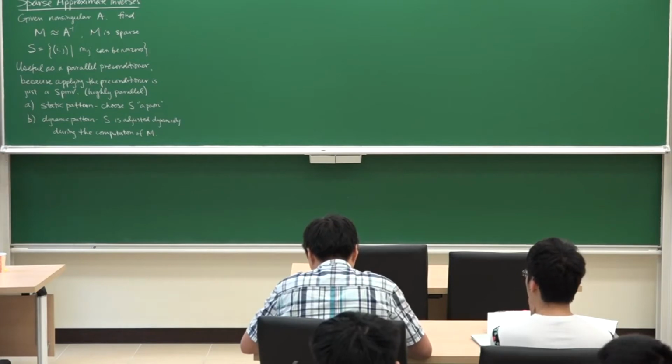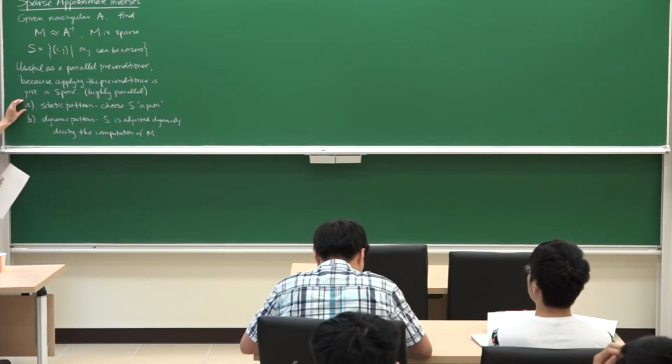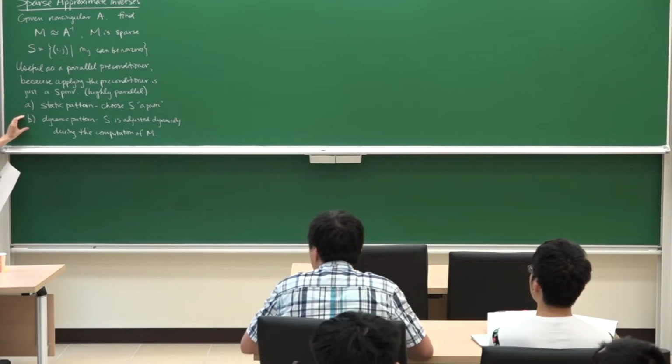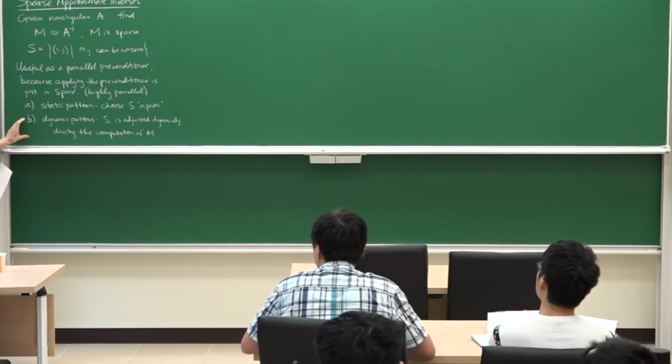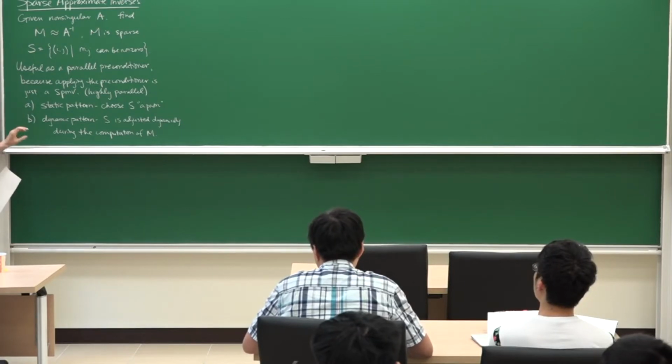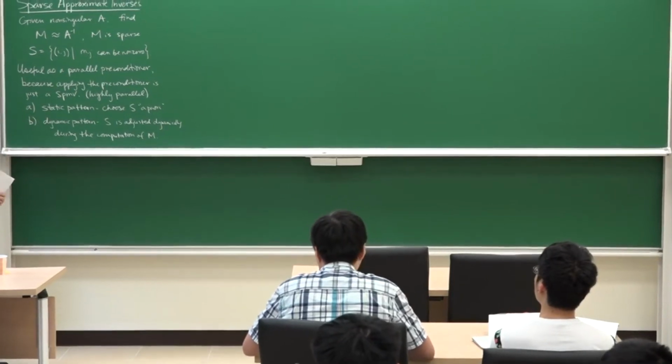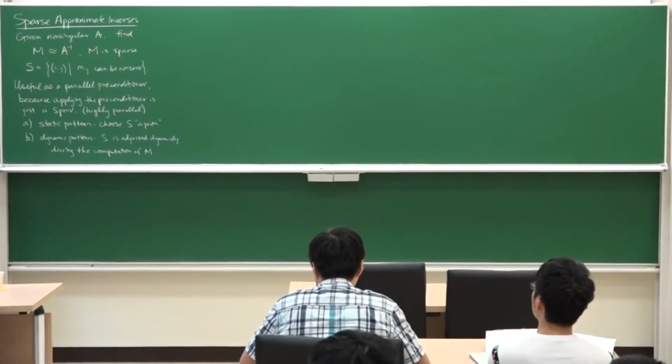For a lot of simple problems, like discretizations of diffusion problems, and in many PDE problems, choosing a static pattern is fine. But for other problems, we don't know how to choose a static pattern, and we have to use these dynamic schemes. In this lecture, I will concentrate mostly on assuming that we know a static pattern.